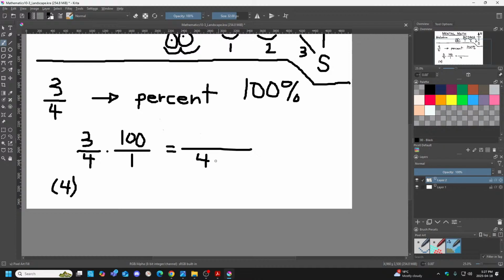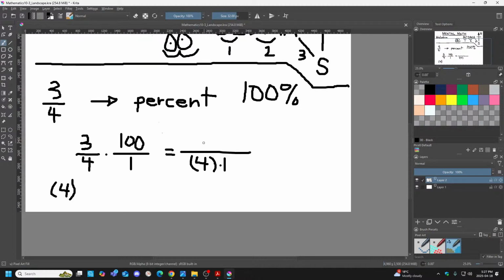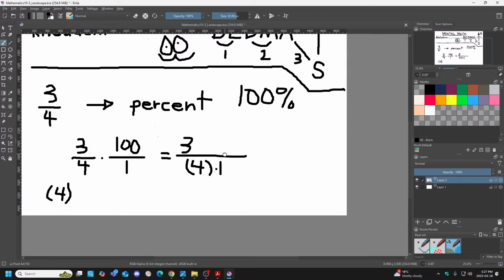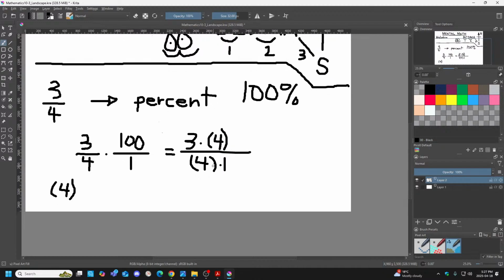So we have 4 times 1 times 1. Then we have 3, which is just hanging out. We're going to break the 100 apart. So I'm going to put 4 here because I know 4 goes into 100.